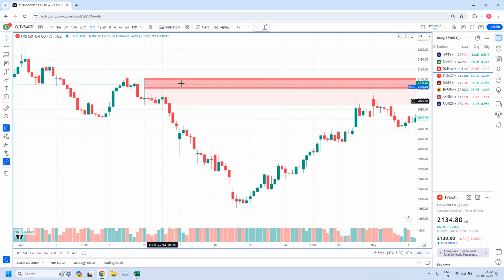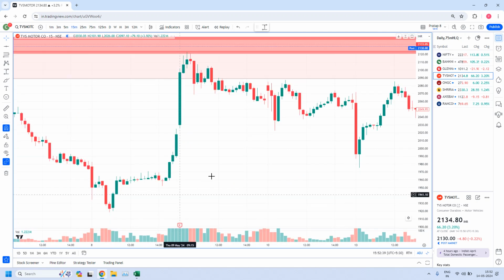There is no 75 minute zone here. Have you noticed? But I have drawn a 15 minute zone. Why? Because of a price action clue. Prices came close to the 15 minutes zone and came down. Because of that reason, I went to the 15 minutes time frame.